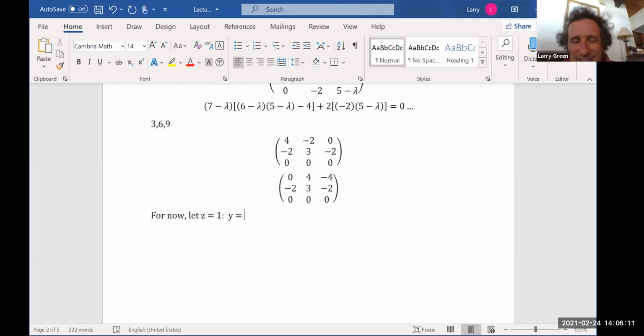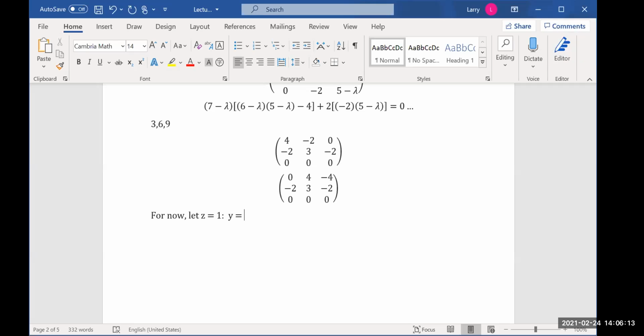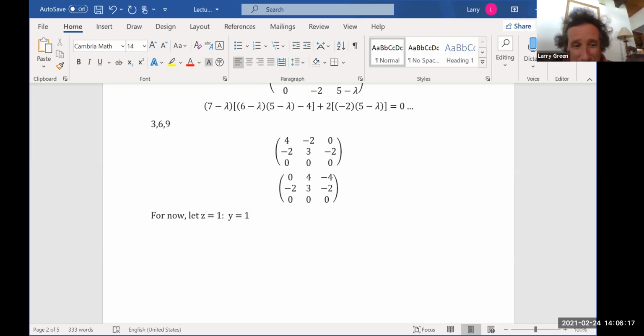What should y be? It should just be 1. Y is 1, because 4 times 1 minus 4 times 1 is 0. Okay, if z is 1 and y is 1, then we can say negative 2x plus 3 minus 2 equals 0.